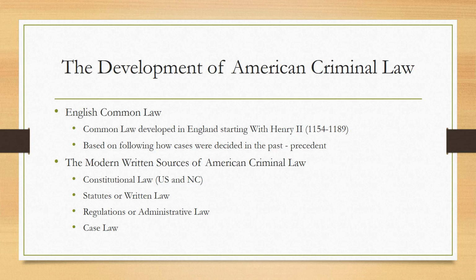The modern sources of American criminal law, what we look at today most directly: constitutions, the U.S. Constitution, and to some extent the North Carolina Constitution, the written law or the statutes, the North Carolina General Statutes or the federal U.S. Code, regulations, those that are passed by administrative agencies, and case law.